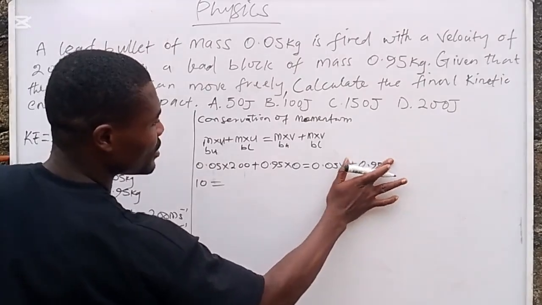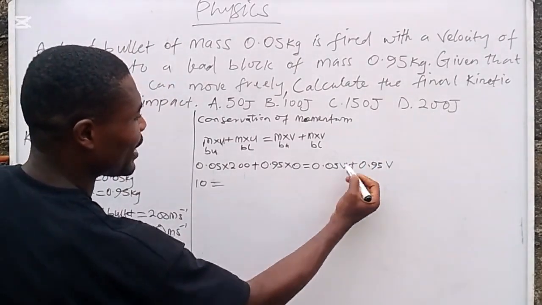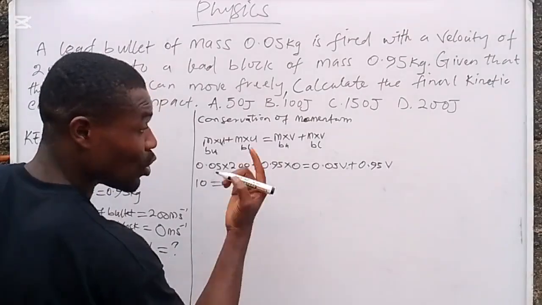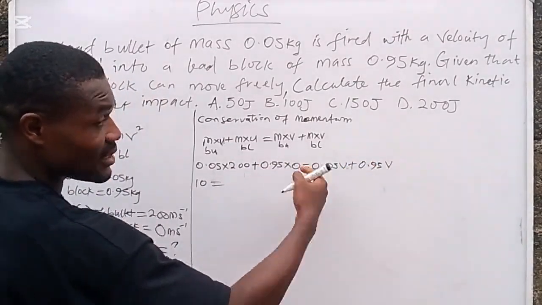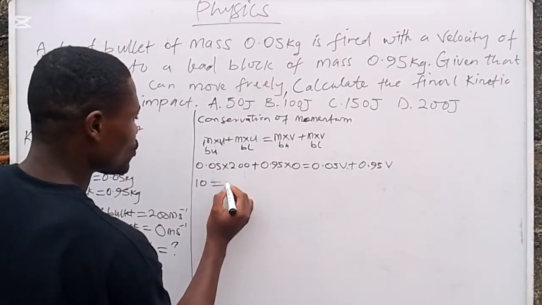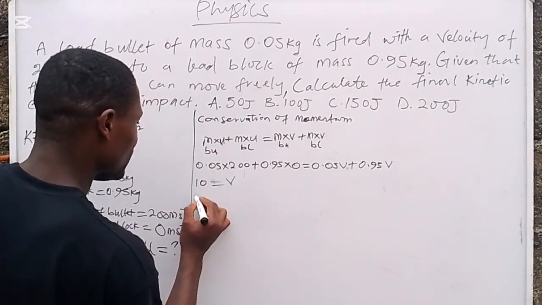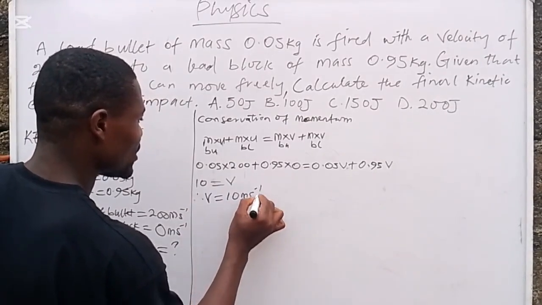Let me just make this here as v. Since both of them are like terms, we can add. 0.05v plus 0.95v is the same thing as 1v, which is also the same as v. So v, that's the final velocity, is equal to 10 meters per second.